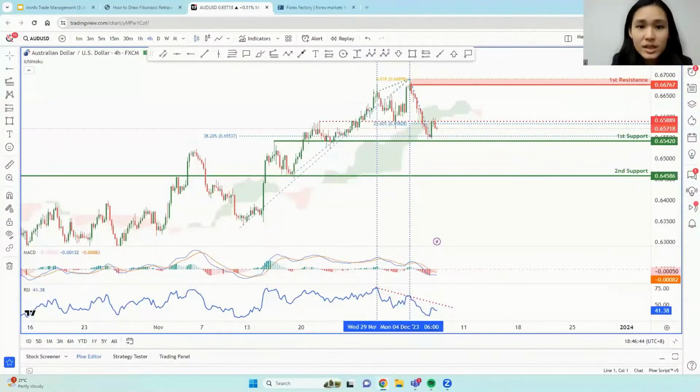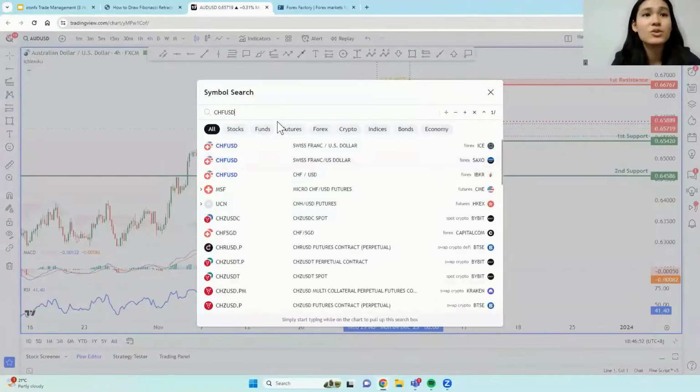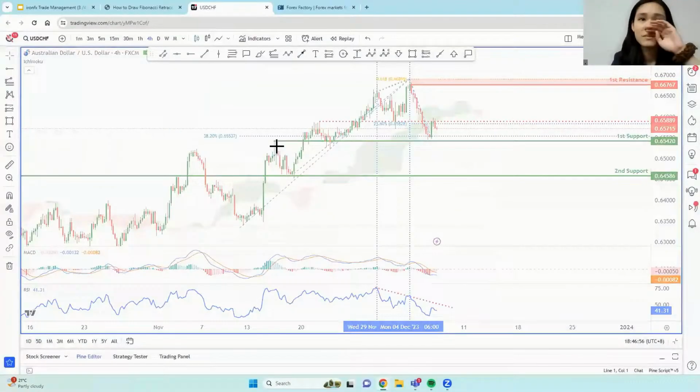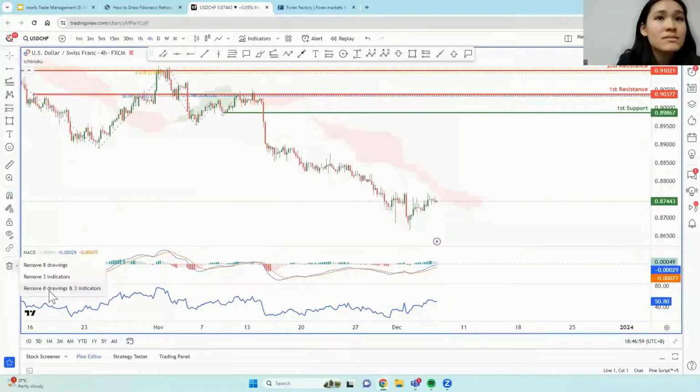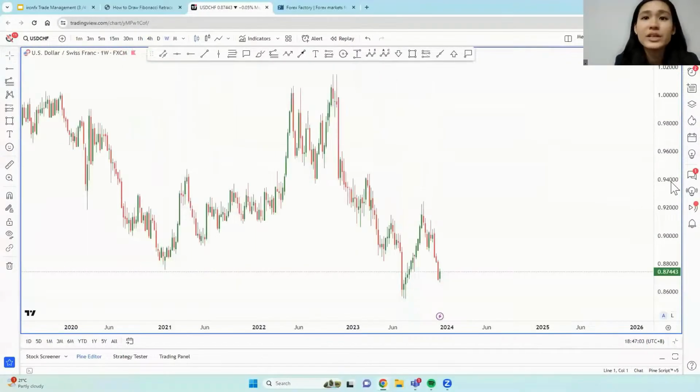Okay, let's look at another chart. I think I mentioned earlier that we'll look at Swiss. So let's start off by looking at our weekly time frame.